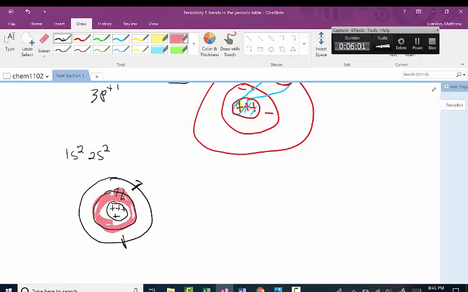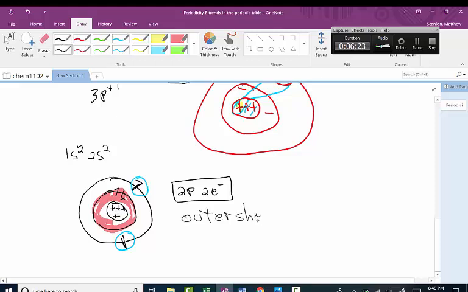2 protons cancel 2 electrons. 2 protons, 2 electrons. And then I have, on the outer shell, 2 electrons and they're seeing the two protons that are left. So in the outer shell, I have 2 protons, and I have 2 electrons being attracted to them.